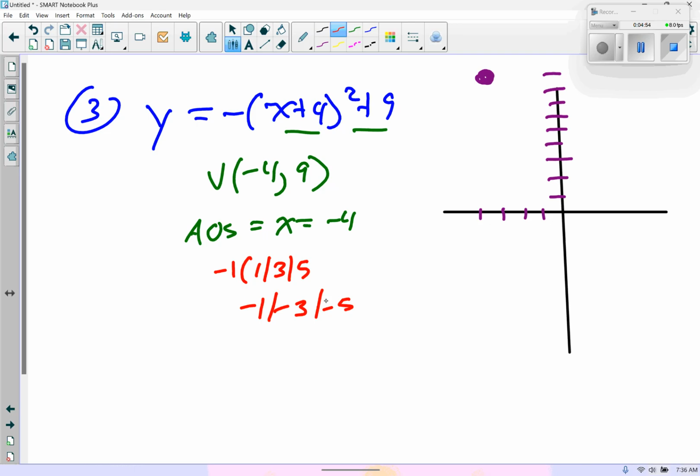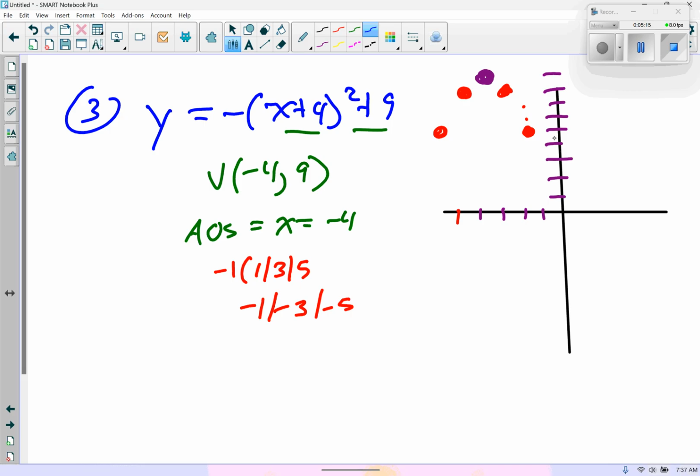So it's opening down. So I'm going to go right 1, down 1, left 1, down 1, right 1 down 3, left 1 down 3. Then let's see where we can go. Do one more.